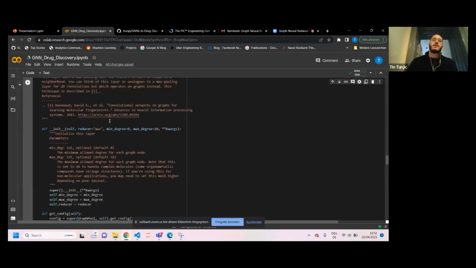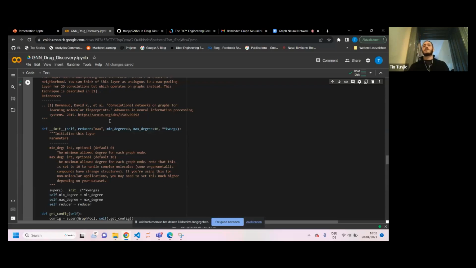Meaning if you have, let's say, 4 neighboring nodes, you would see, okay, for those 4 neighboring nodes, this specific information is the maximum, and I will propagate only this information into my node and obtain this latent representation. In sum, you sum all of them, and in the mean, you sum all of them and then divide by the number of the neighboring nodes. So this is basically divide by the degree matrix.